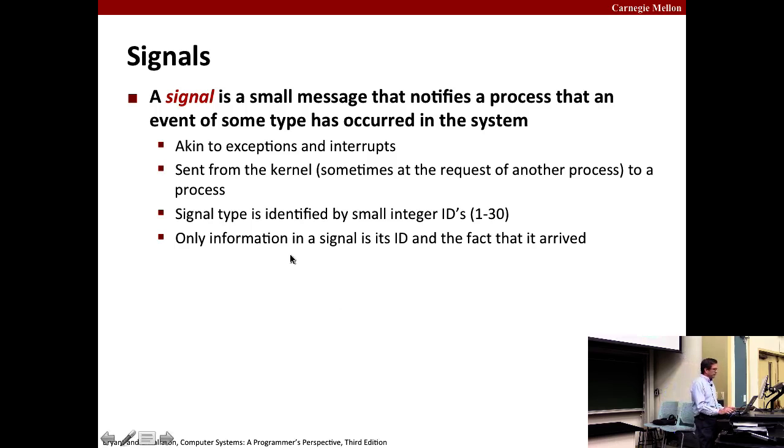Now, we say that it's a small message because the only information that's contained in a signal is its unique integer ID and the fact that it was delivered. Okay, so there's nothing else in a signal except that it arrived and that it has some unique ID.